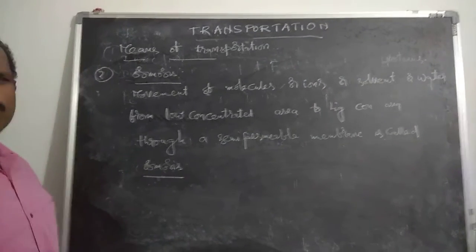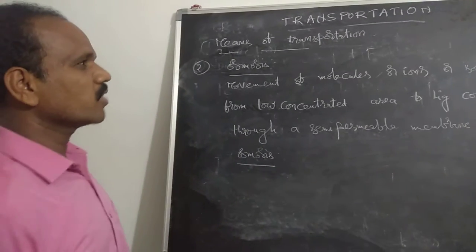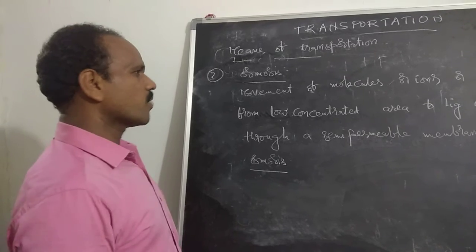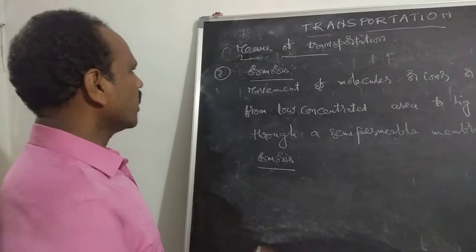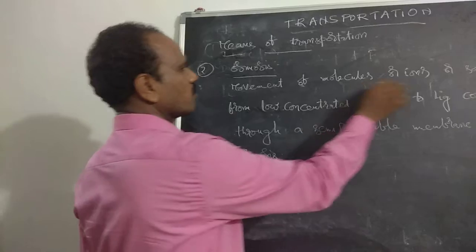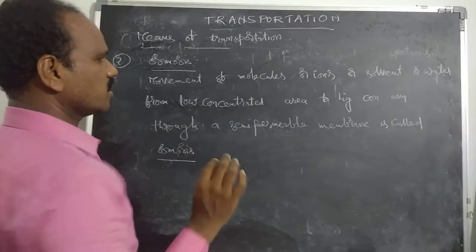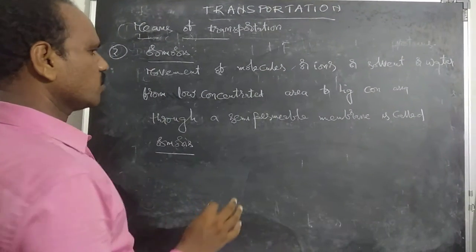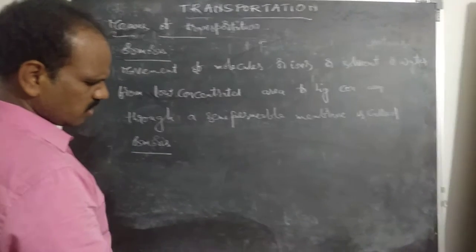This osmosis is quite opposite to diffusion. In the diffusion process, there is movement of molecules or ions from high concentrated area to low concentrated area. Here in osmosis, movement of molecules or ions or solvent or water from low concentrated area to high concentrated area through a semi-permeable membrane is called osmosis.